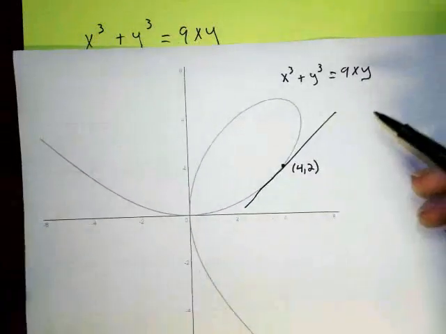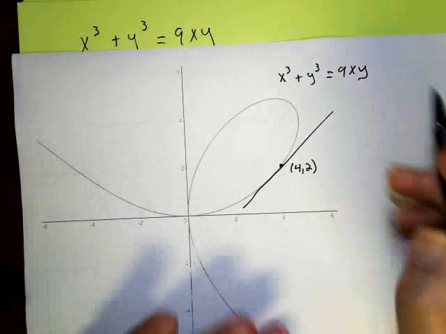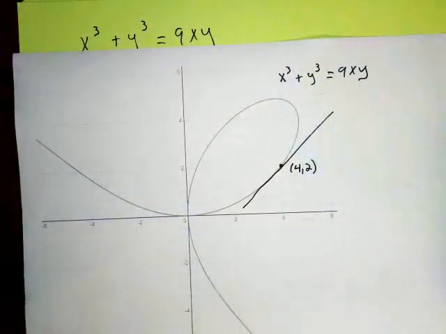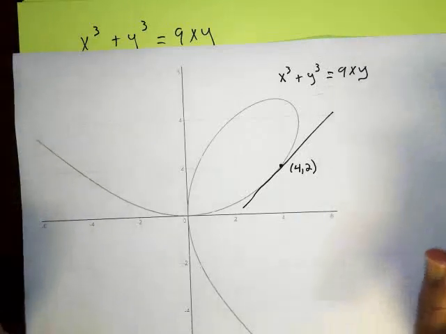On this assignment, you'll have a lot of interesting equations like this, and you won't have a clue what they look like. So if you're curious what these look like, I encourage you to use Desmos. You can go to Desmos, type these in, and Desmos can graph these equations, no problem.